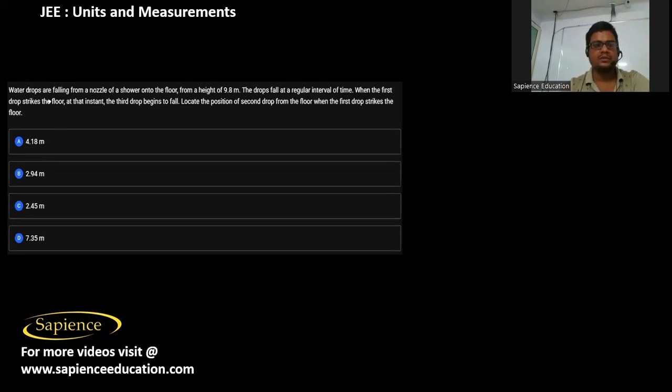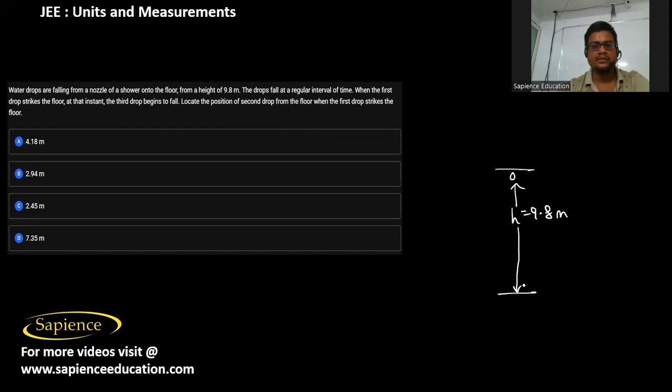Then here it is told: water drops are falling from a nozzle of a shower onto the floor from a height of 9.8 meters. The drops fall at regular intervals of time.